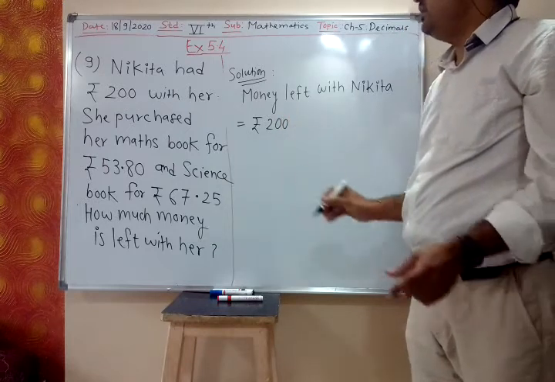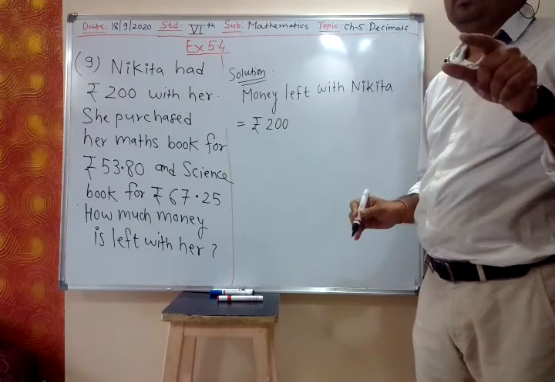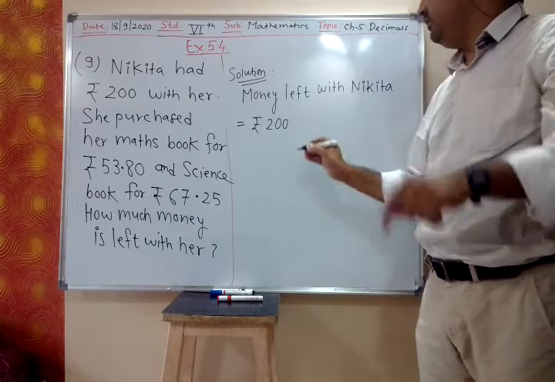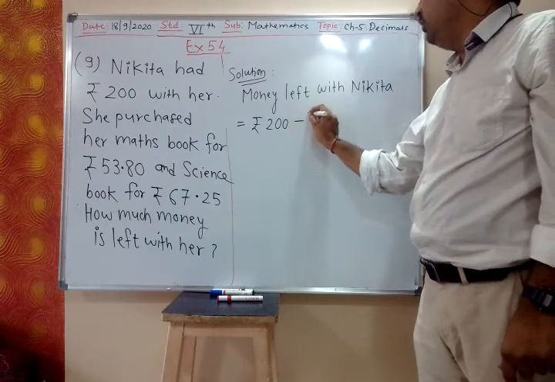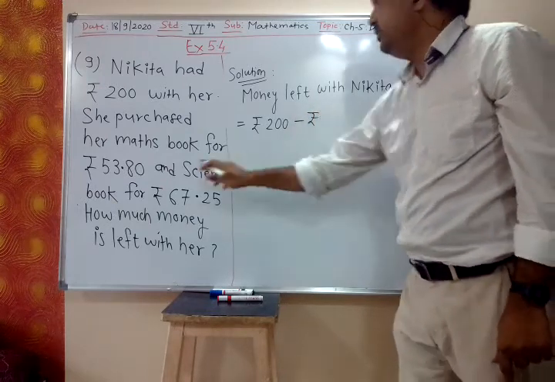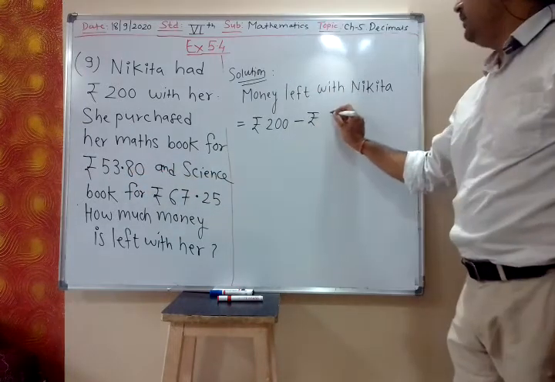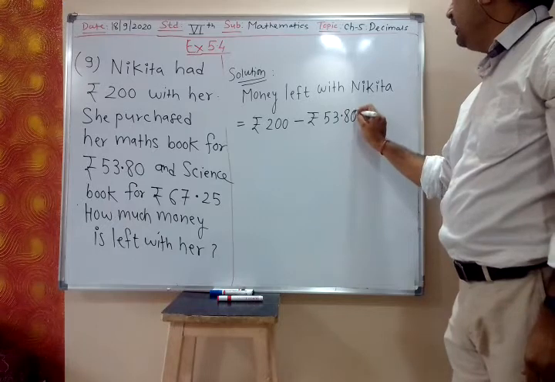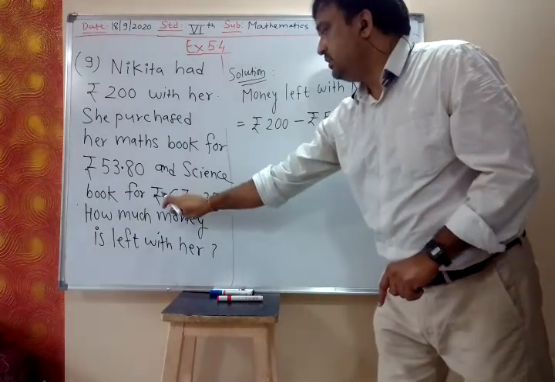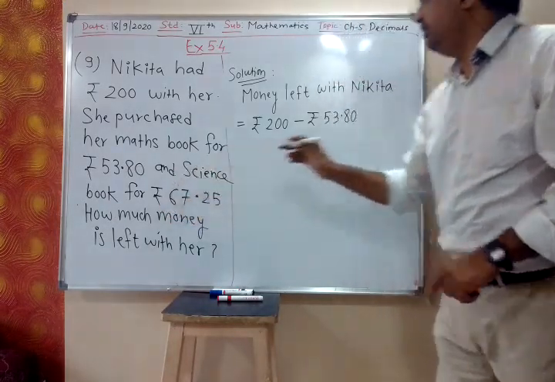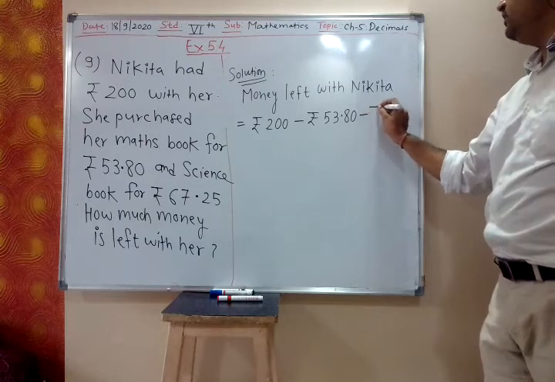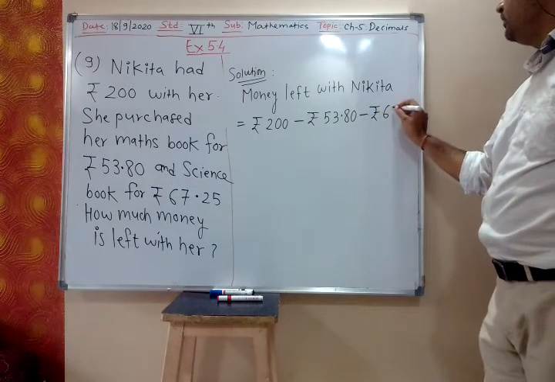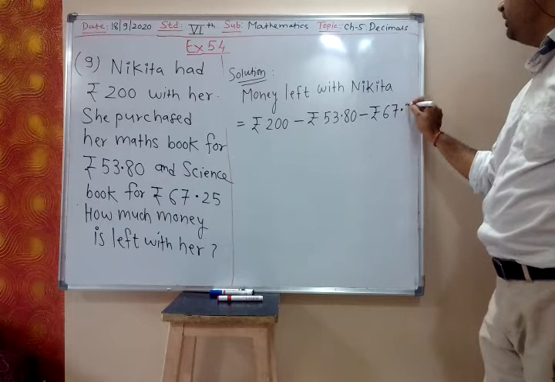From 200 rupees she spent. Whenever it is spent, we subtract. How much for the maths book? 53.80. Again she spent, and spent means you have to subtract, minus 67.25. Are you getting it?